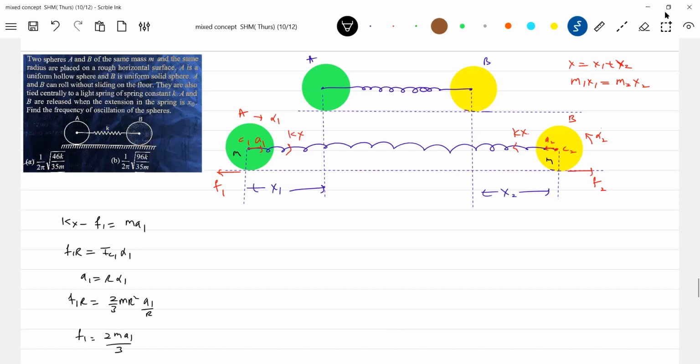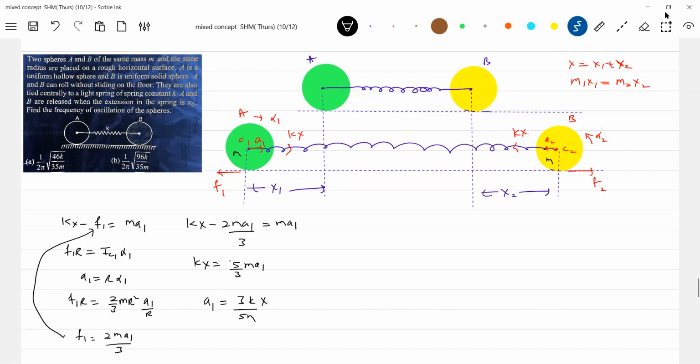Let me substitute this here. So this will become kx minus 2m a1 by 3 equals m a1. Or this will be kx equal to 5m a1 by 3. But is it SHM?